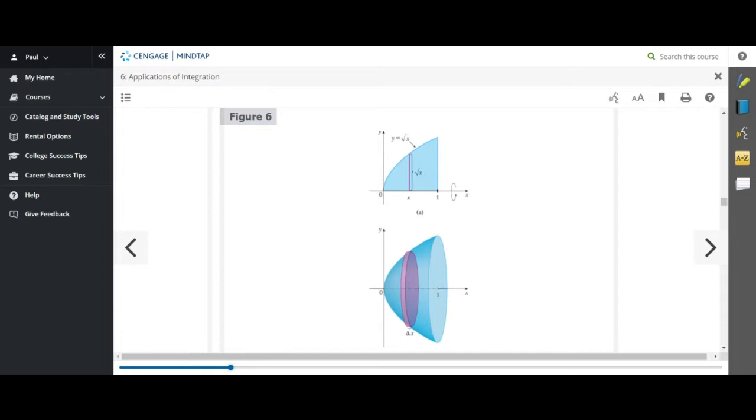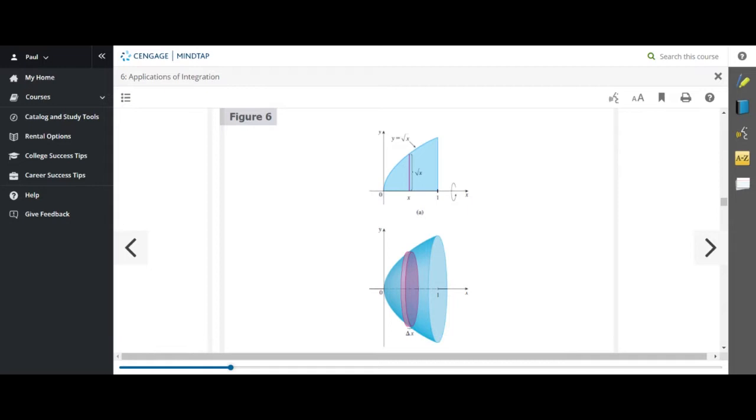If we rotate that purple line segment about the x-axis, you're going to get the disk or cylinder below. So the volume of this cylinder would have to be pi times the square root of x squared times delta x.